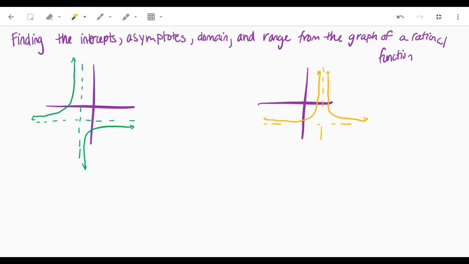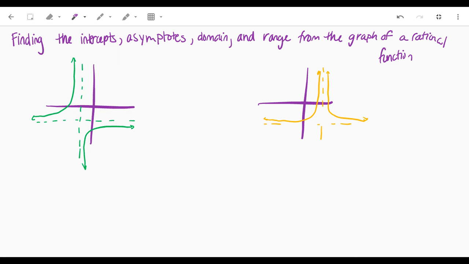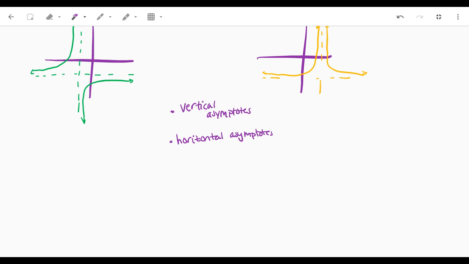Okay, and what they want you to do here is they want you to find, I'm going to make a list here. They want you to find vertical asymptotes, horizontal asymptotes, they want you to find x-intercepts.